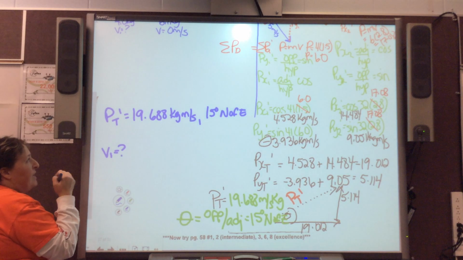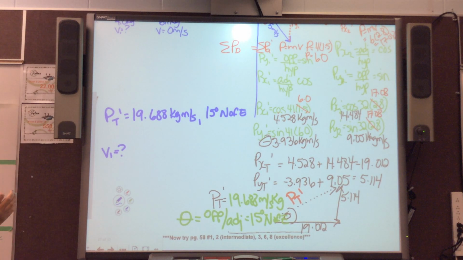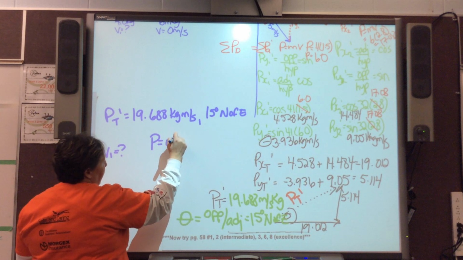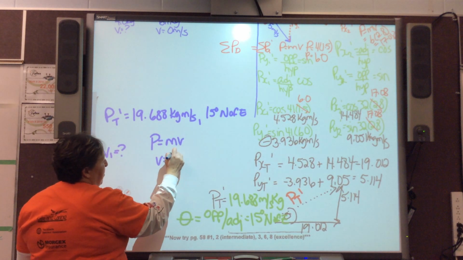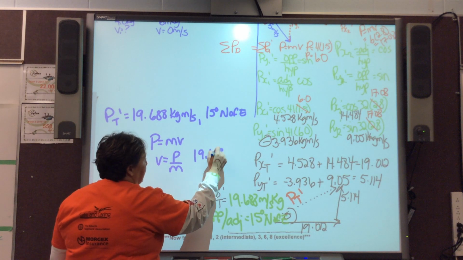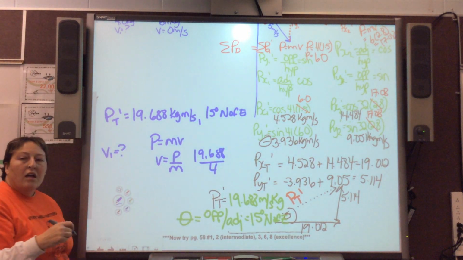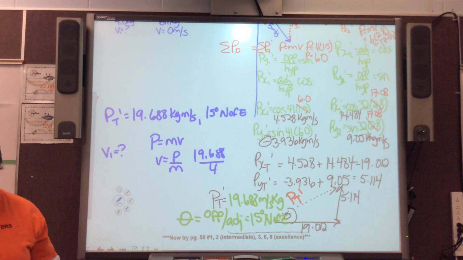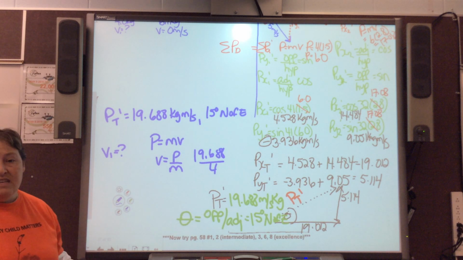The reasoning that Reese is saying is that velocity is going to be momentum over mass, so we're just going to go 19.688 divided by 4. Because the other one has no velocity, and because it's conservation, the velocity before has to be equal to the velocity after.